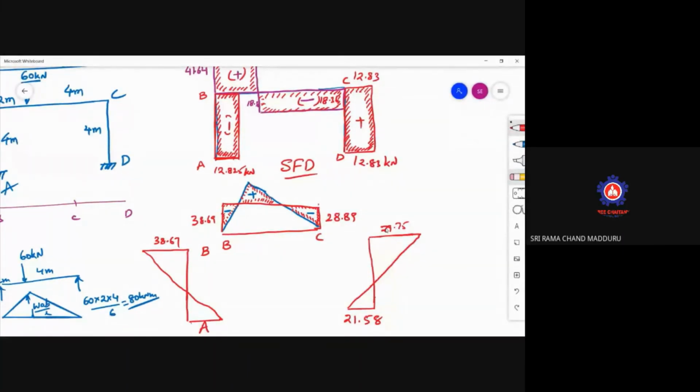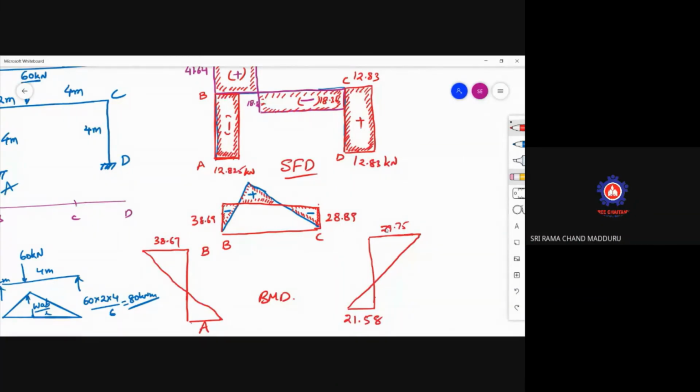Don't use sign convention here for the columns in the bending moment diagram. The sign is given according to the moment direction, how it is applied on the column, and according to that the bending moment diagrams are drawn.